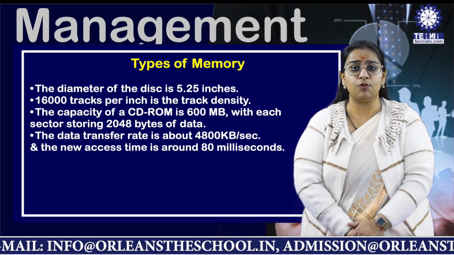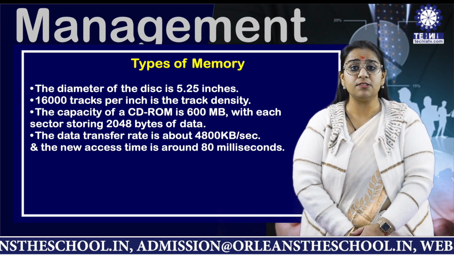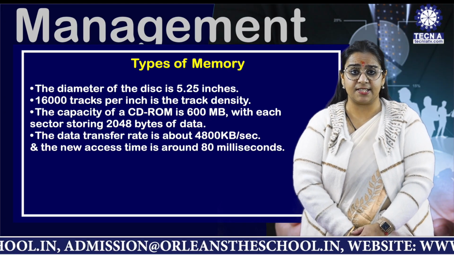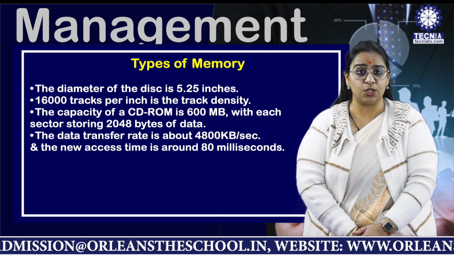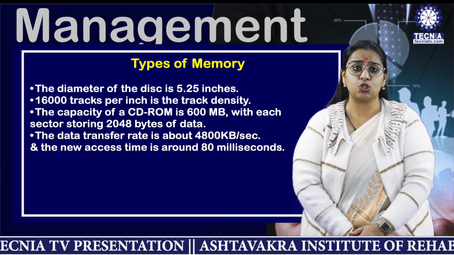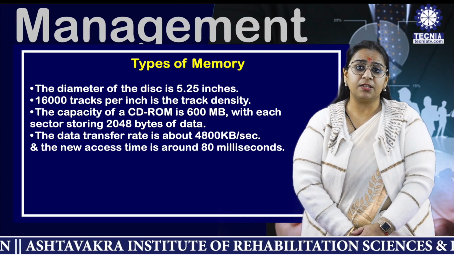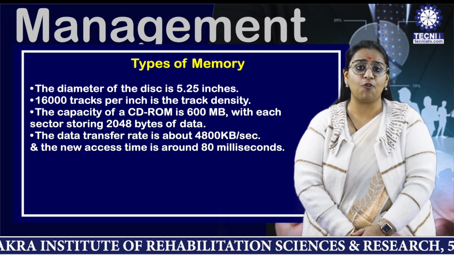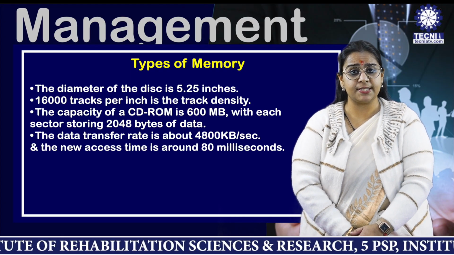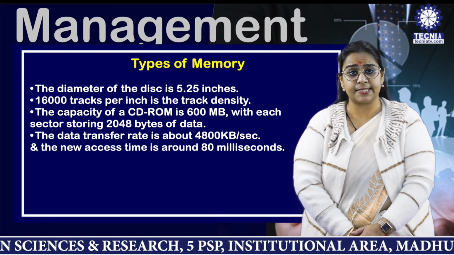The diameter of the disk is 5.25 inches. 16,000 tracks per inch is the track density. The capacity of CD-ROM is 600 MB, with each sector storing 2048 bytes of data. The data transfer rate is about 4800 KB per second and the access time is around 80 milliseconds.